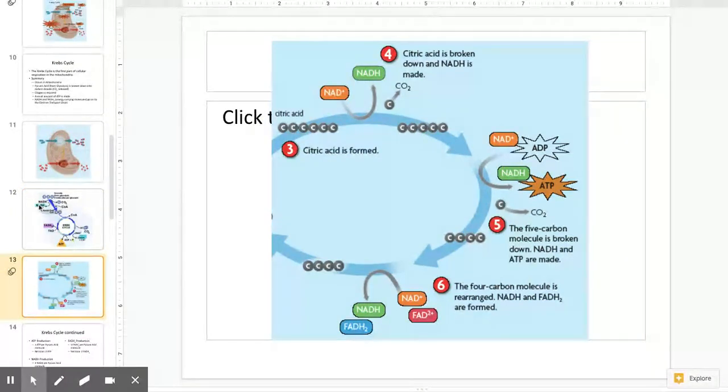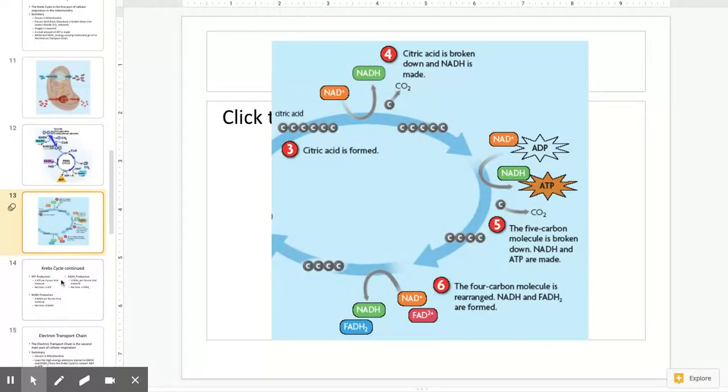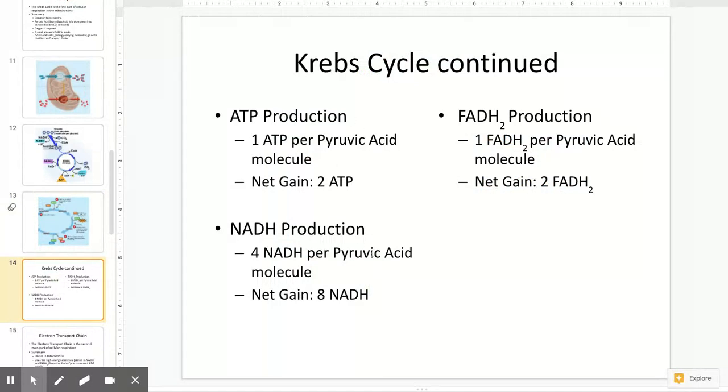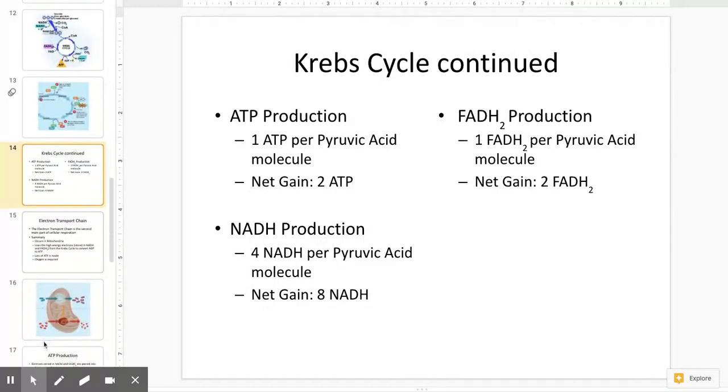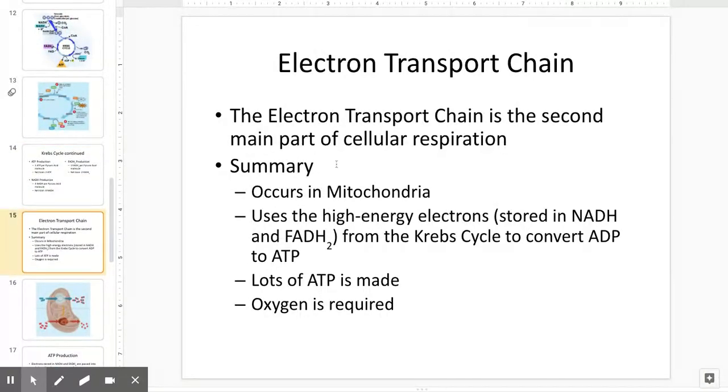It's also called the citric acid cycle, if you ever see that used. But again, we're getting a little bit of ATP, a little bit of NADH and FADH2, but that NADH and FADH2 are really necessary. They're required for the electron transport chain.